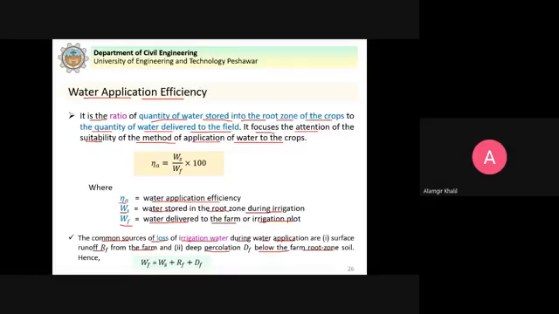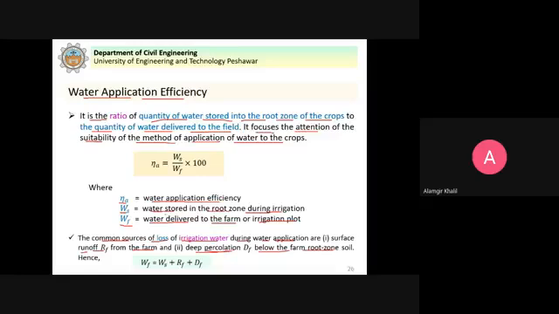So W_F is equal to W_S, that is the water stored in the root zone, plus R_F plus D_F. R_F is the runoff from the farm and D_F is the deep percolation below the farm.